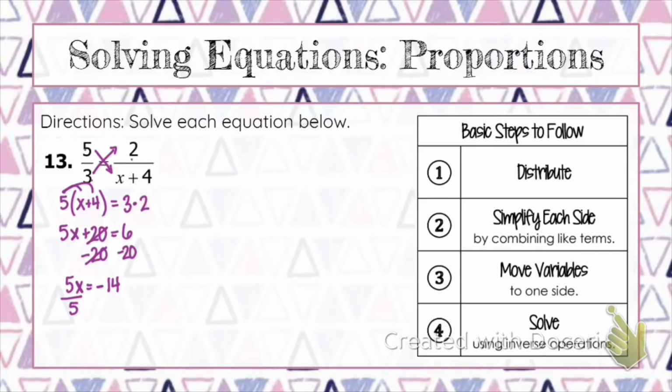Divide both sides by 5. And we will get x equals negative 14 fifths. And 14 fifths does give us a decimal that has an end to it, so you can use the decimal version as well.